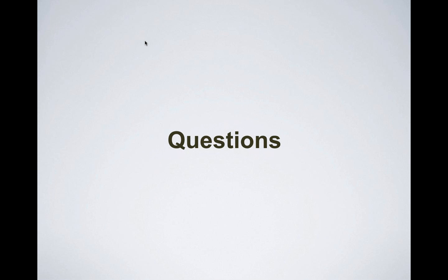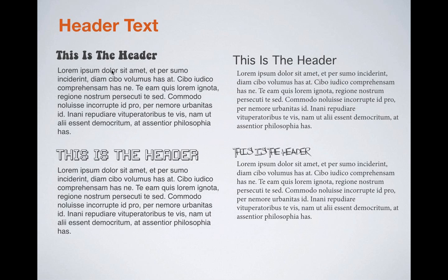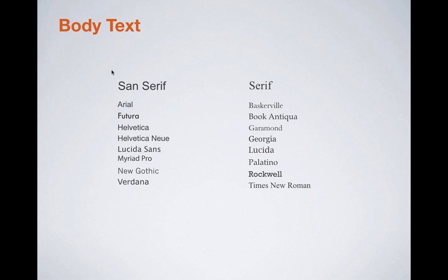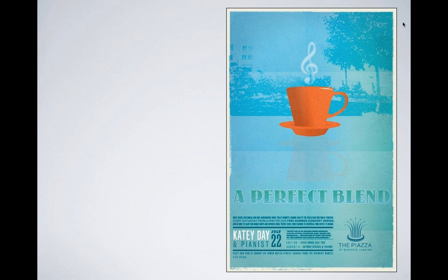So in your mood board this week, you're going to be adding these factors to your mood board. You're going to be picking a heading type and a body type for your design. And so looking at a visual design, and I'm going to go way back to this, this would be equivalent to this title text and the small print.